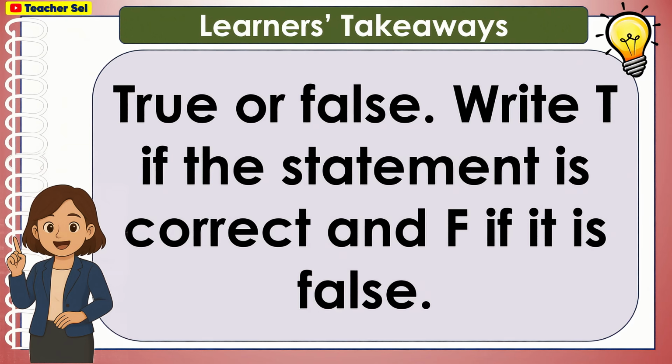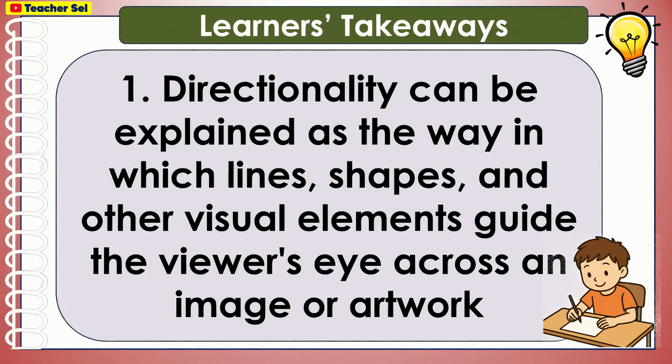True or false? Write T if the statement is correct and F if it is false. Directionality can be explained as the way in which lines, shapes, and other visual elements guide the viewer's eye across an image or artwork.